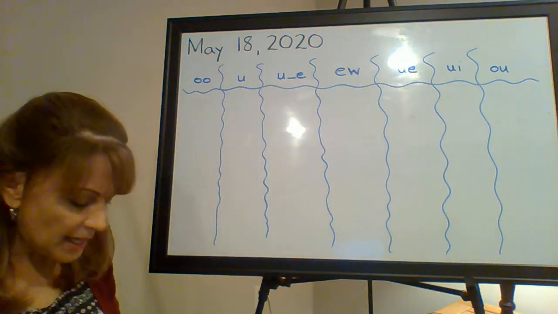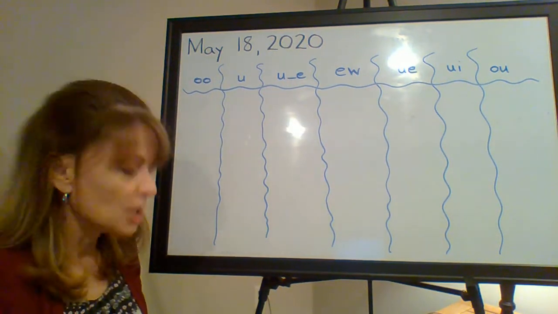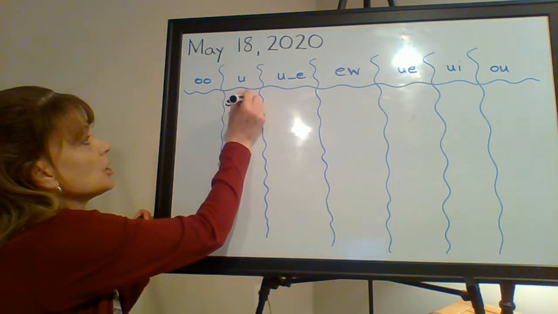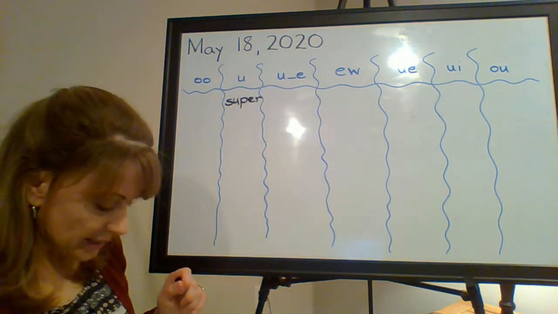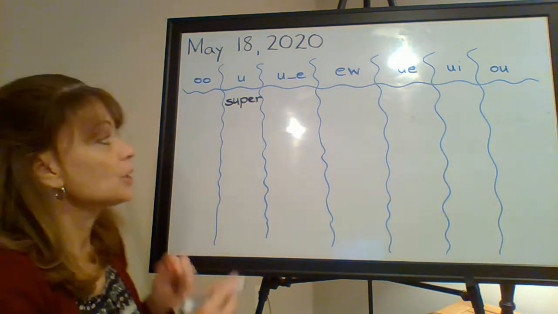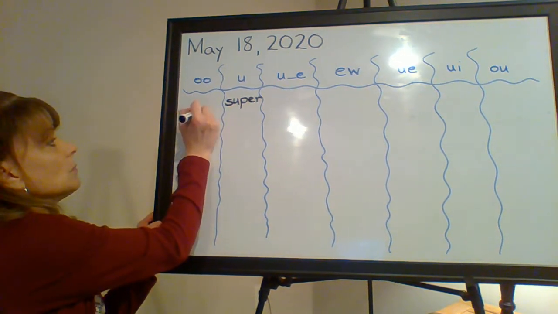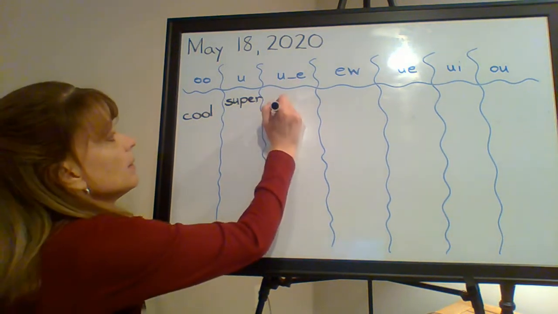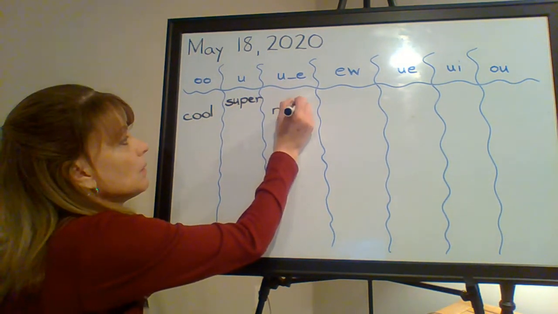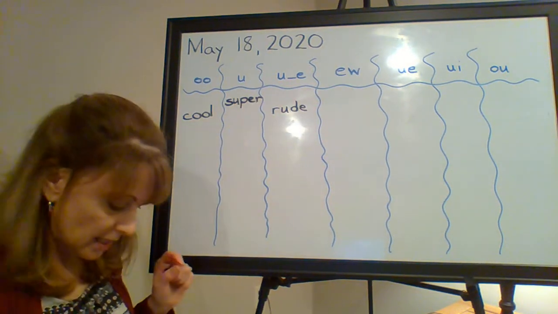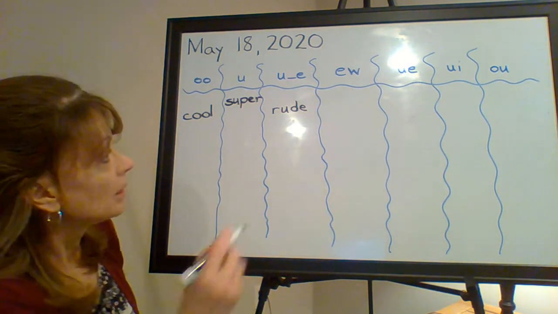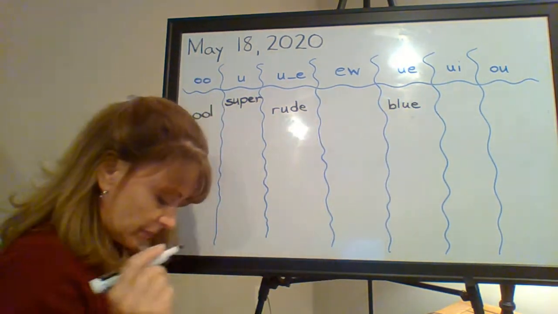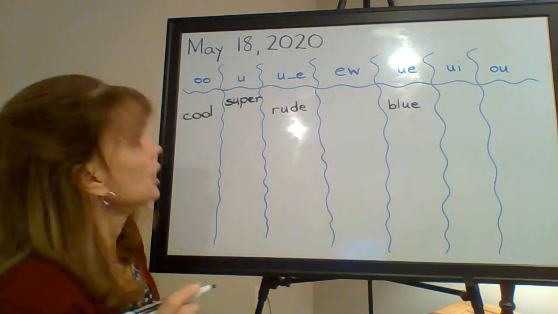So let's just take a minute and look at the first word, super. Well, guess what? Super just has the U by itself. And the next word is cool. O-O. Rude. U consonant E. Blue. U-E. That's the color blue. Tools.